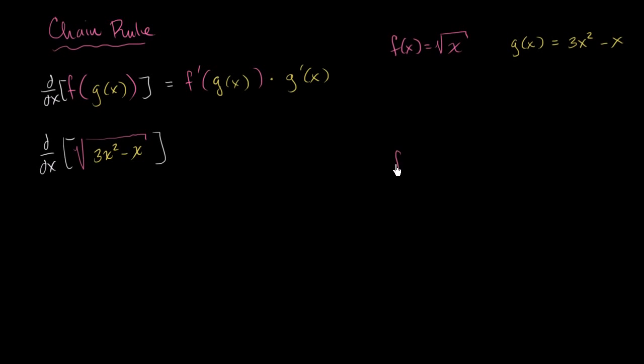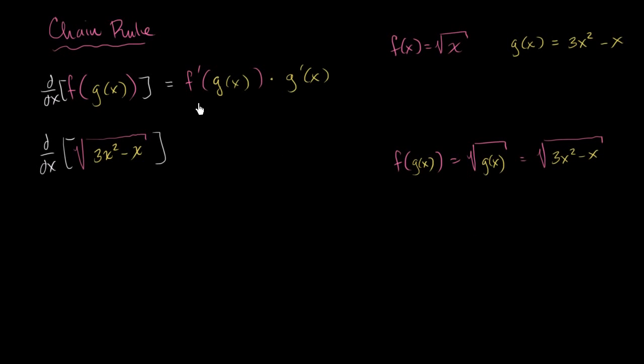Well, f of g of x is going to be equal to, where everywhere you see the x, you replace with the g of x, the principal root of g of x, which is equal to the principal root of, we've defined g of x right over here, 3x squared minus x. So this thing right over here is exactly f of g of x if we define f of x in this way and g of x in this way.